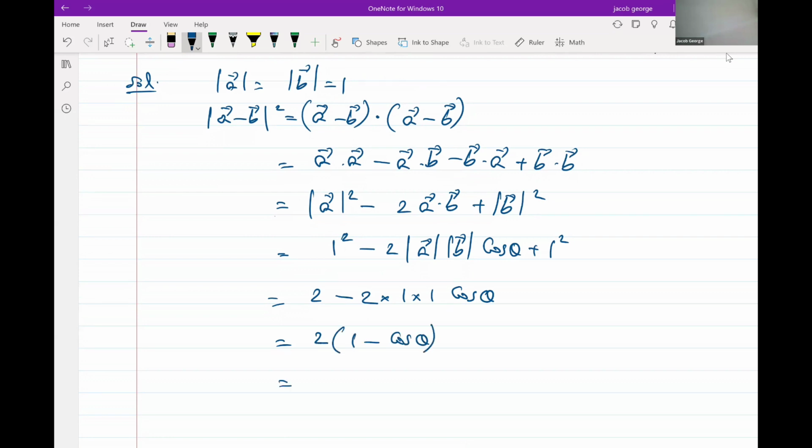What is 1 minus cos theta? 2 sin square theta by 2. 1 minus cos theta is 2 sin square theta by 2.